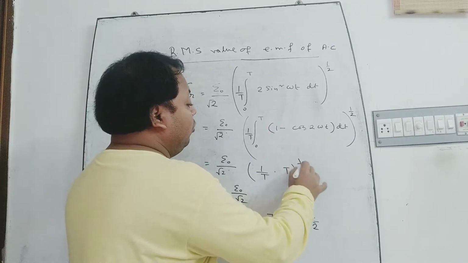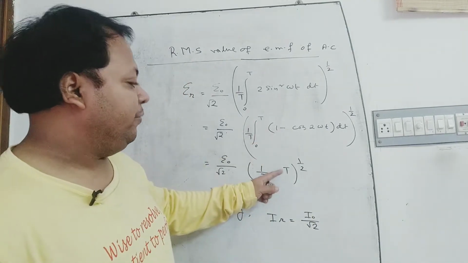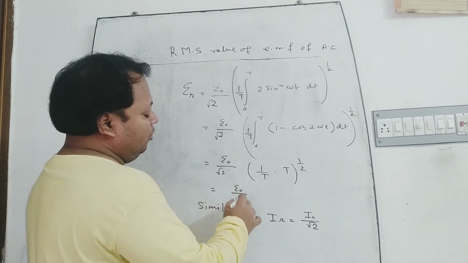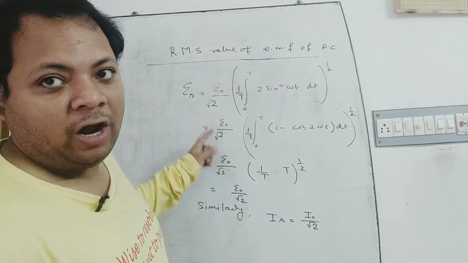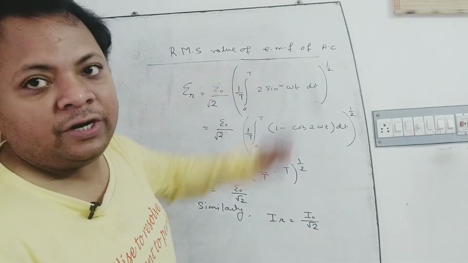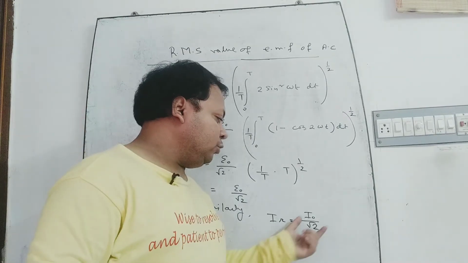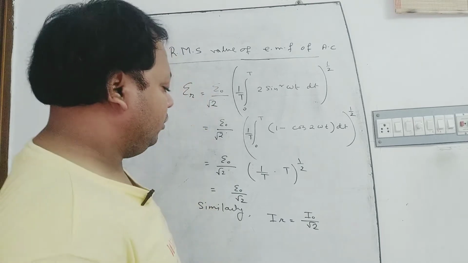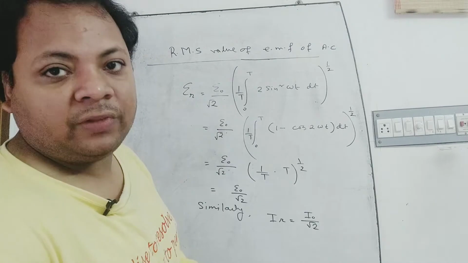Therefore the value of this integration will be T. This gives epsilon r is equal to epsilon 0 by root 2. This is the expression of the RMS value of EMF of alternating current. Similarly, we can write that I r is equal to I0 by root 2. This is the expression of the RMS value of alternating current.